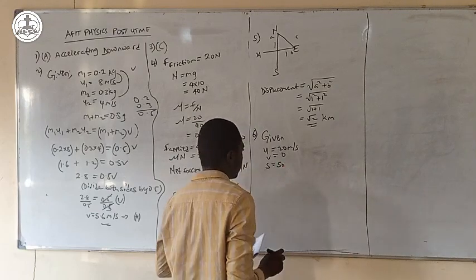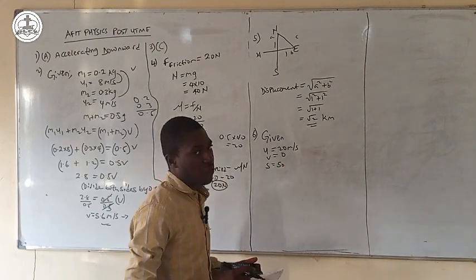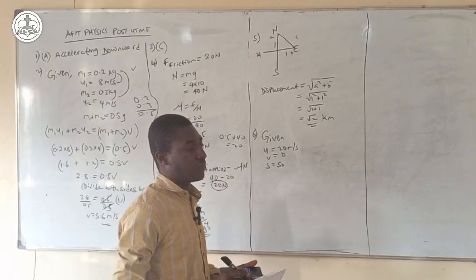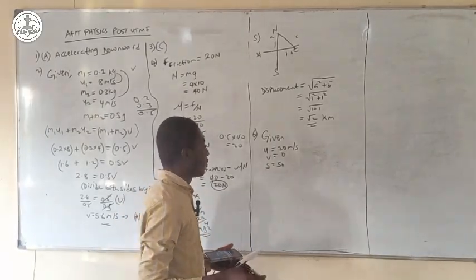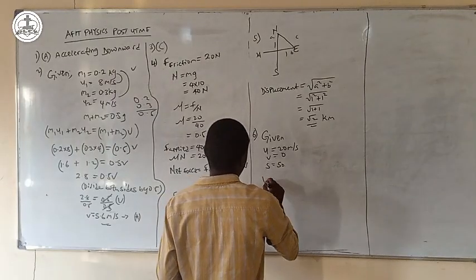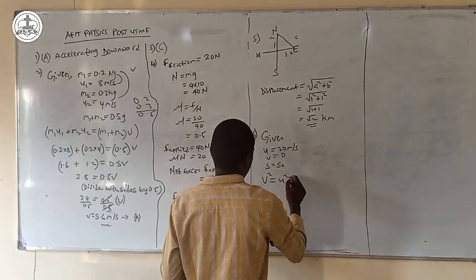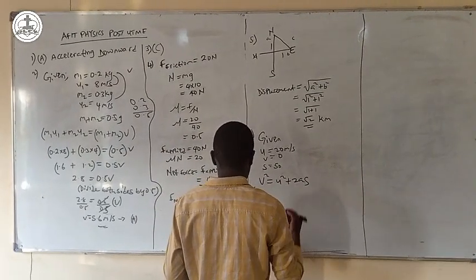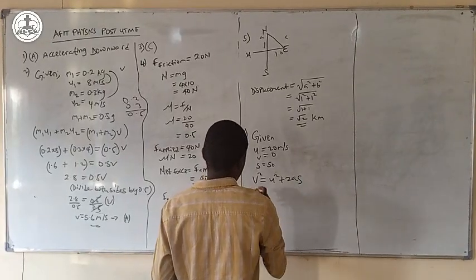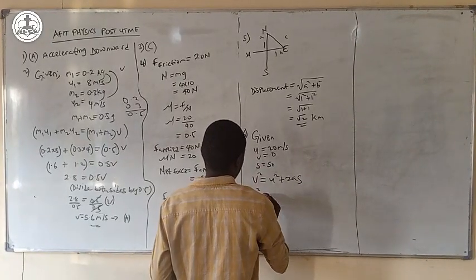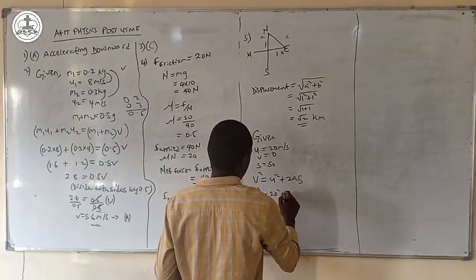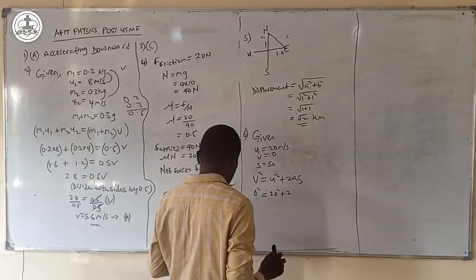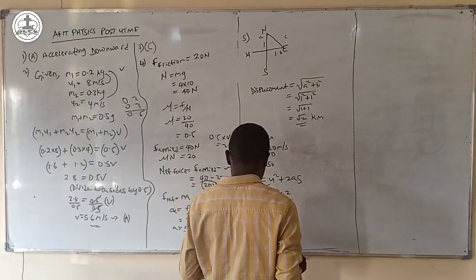And we are going to use Newton's third equation of motion. So what's the third equation of motion? V squared is equal to U squared plus 2AS. So your V, 0 squared, is equal to U squared, which is 20 squared, plus 2AS.